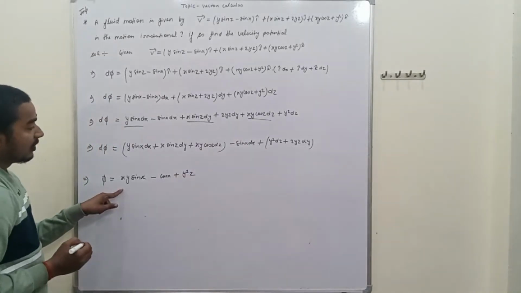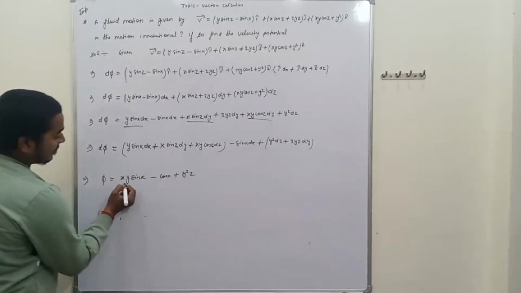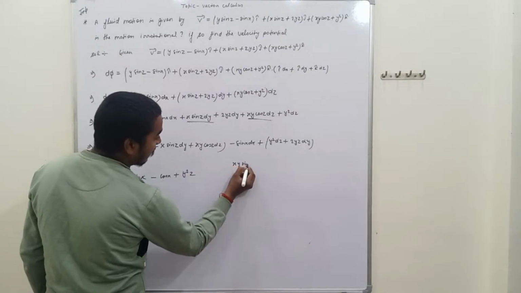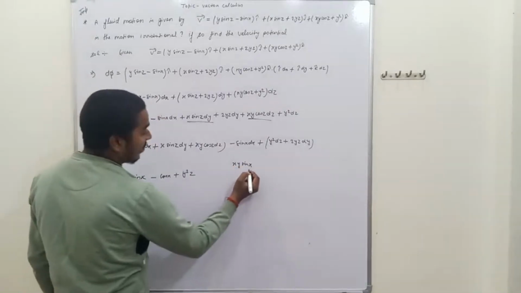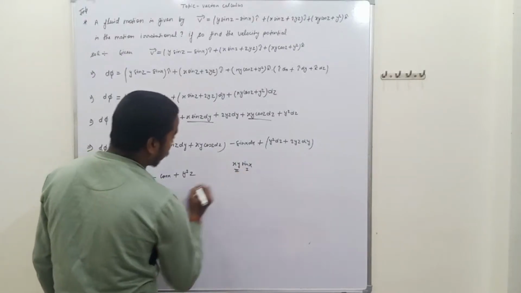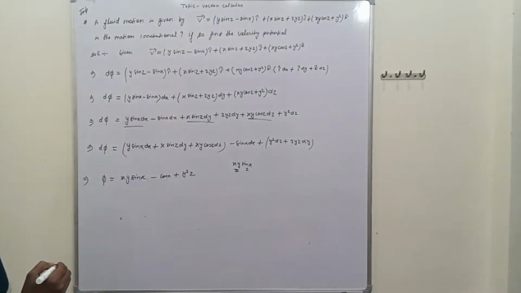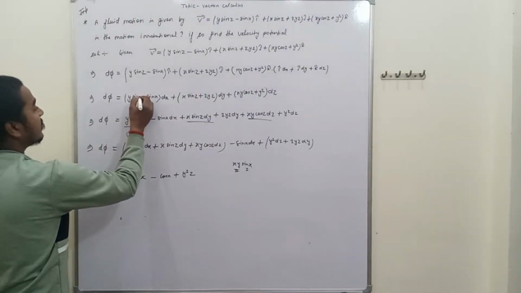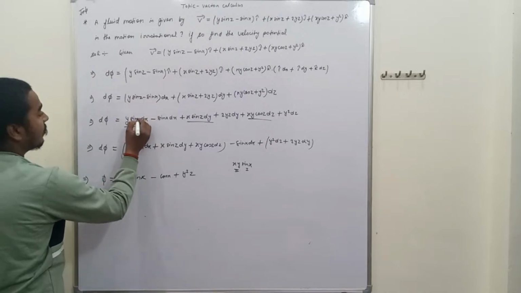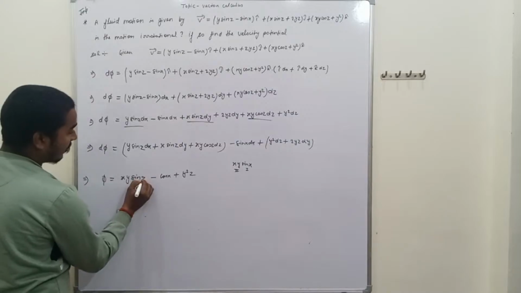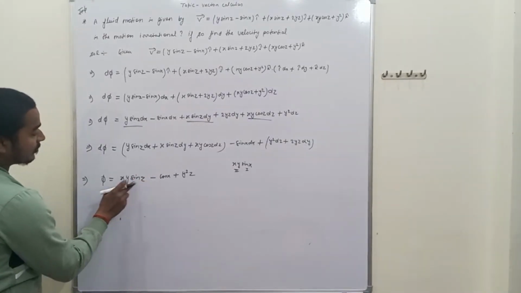We have to check whether on differentiation we get the same as above. Taking xy as the first function and sin z as the second function, some mistake was written here, it is z, and the answer is xy sin z.